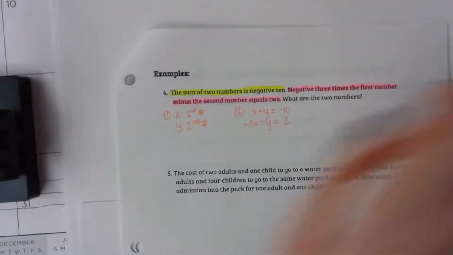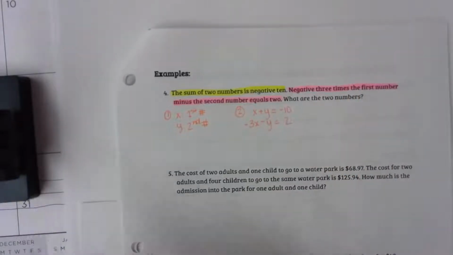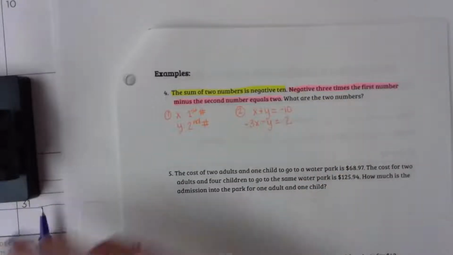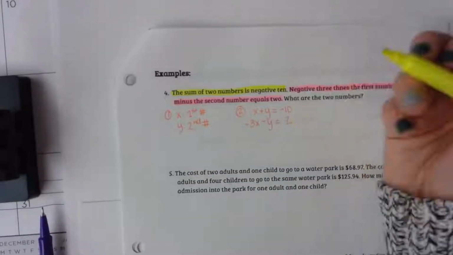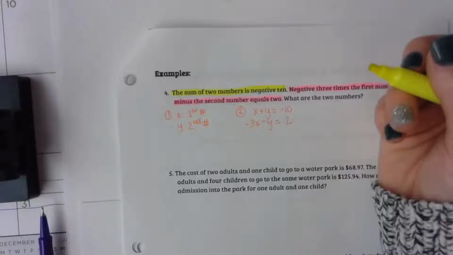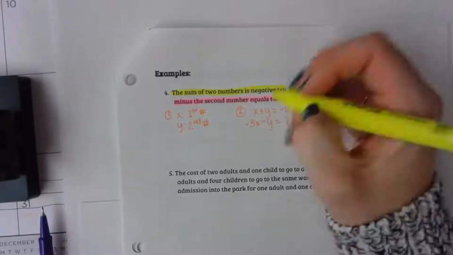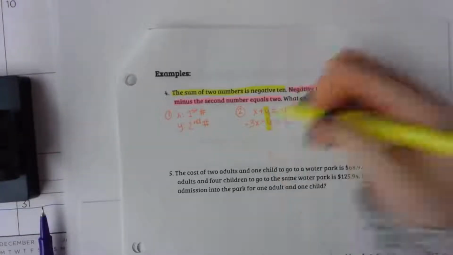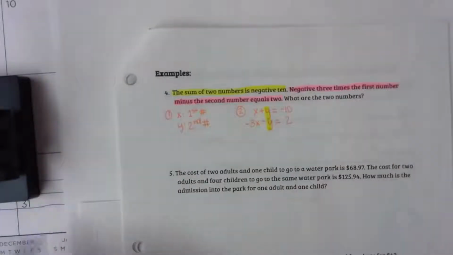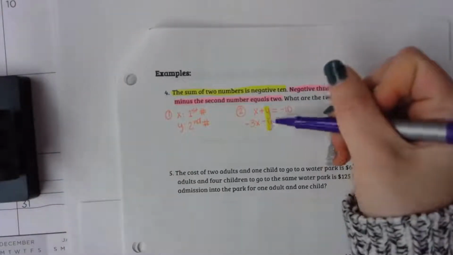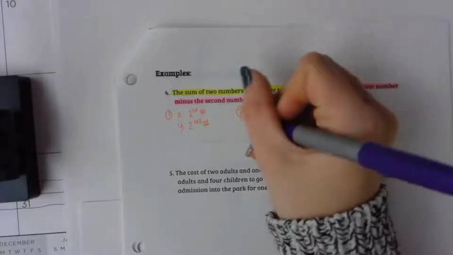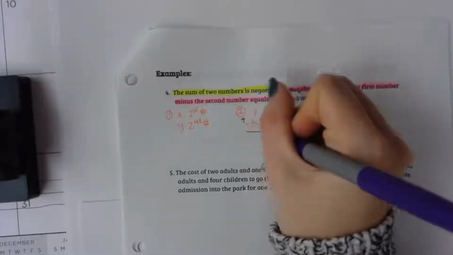So then we're going to go ahead and solve this. So that's part 3. But first, I'm going to see what ones I can eliminate. So which ones are the exact same or which ones are different. And those here are the y's. So those are opposite, meaning that I'm going to add these together.